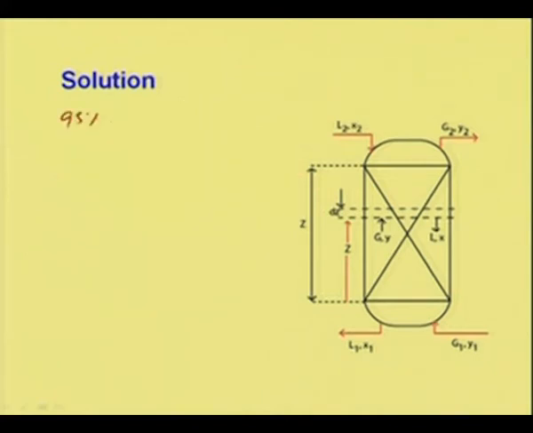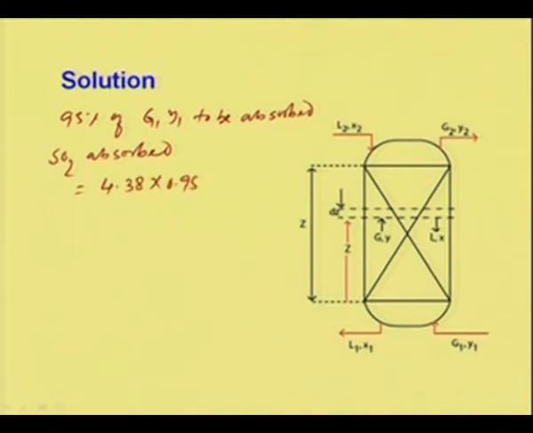95% of G1 Y1 is to be absorbed. So, then SO2 absorbed should be 4.38 into 0.95, which is equal to 4.16 kmol per hour.